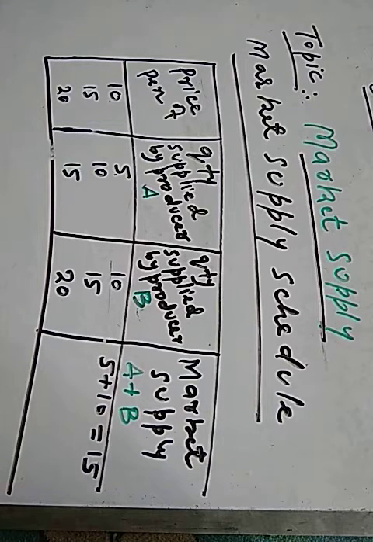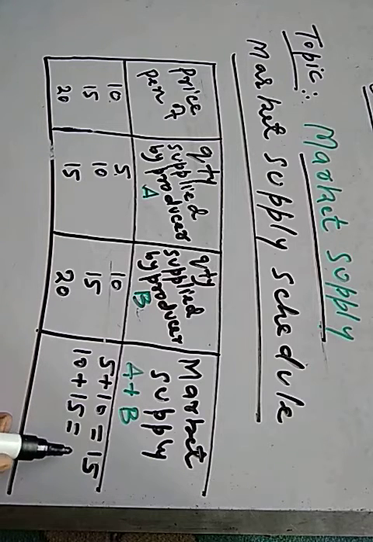Similarly, जब प्राइस 15 रुपीज होगा, जो मार्केट सप्लाई है वो है quantity supplied by producer A, that is 10, quantity supplied by producer B at the same price, it is 15, market supply, that is total supply by all producers, that is equal to 25.